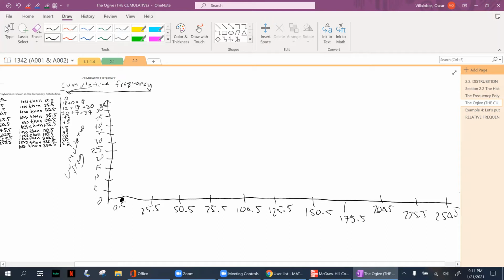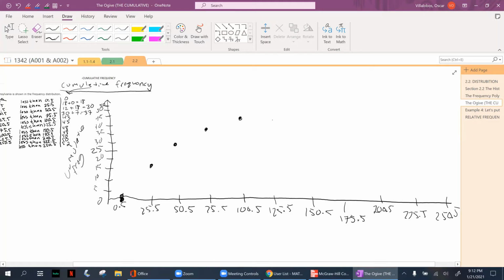For cumulative frequencies, this is going to be a 0. The next value is an 18, so somewhere up here between 15 and 20. For 50.5, I am at 30, so I'm going a little bit higher right there. Then the next value is 37. The next value is 43.